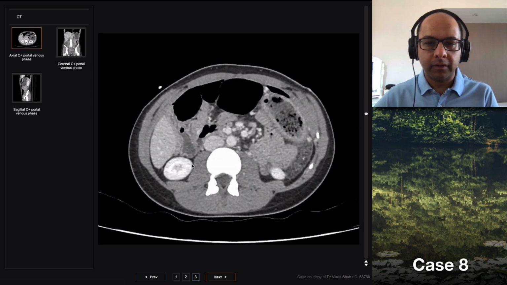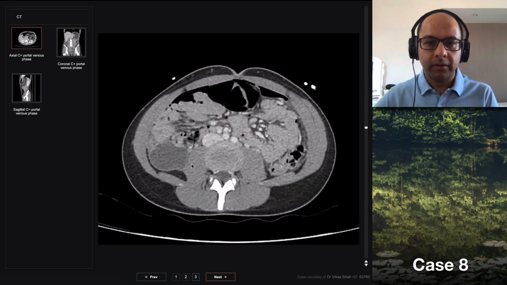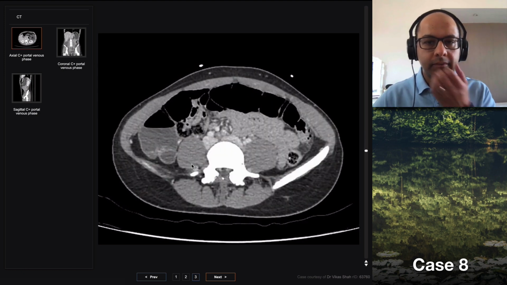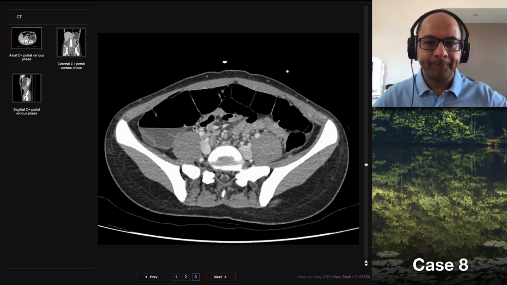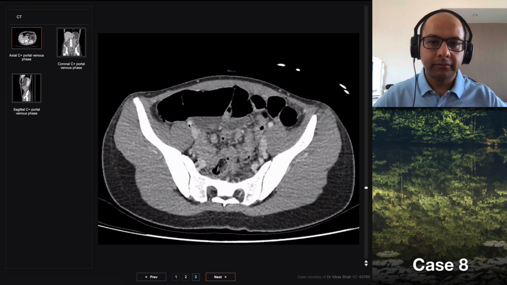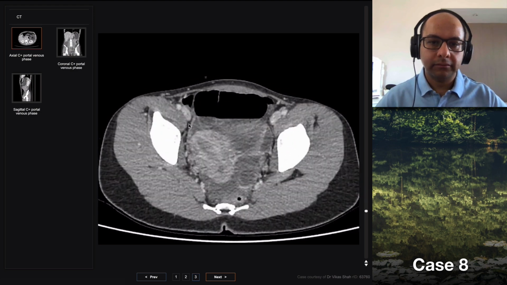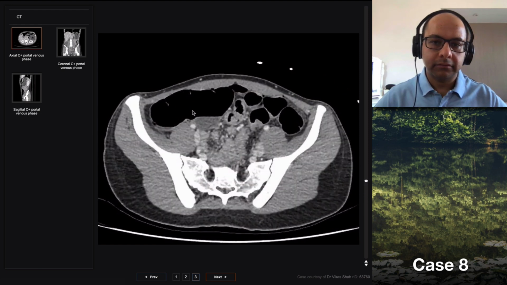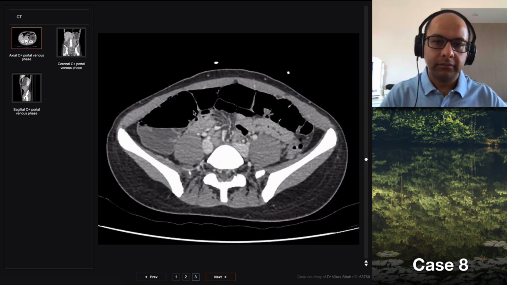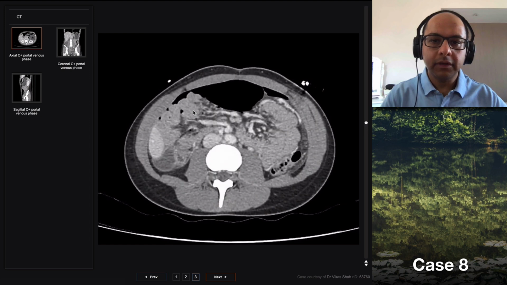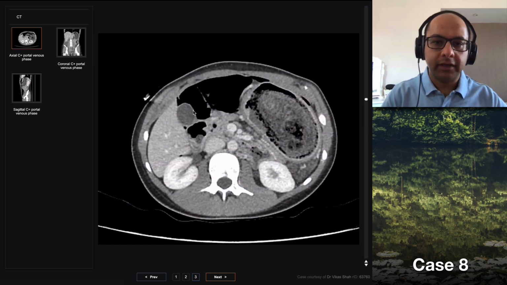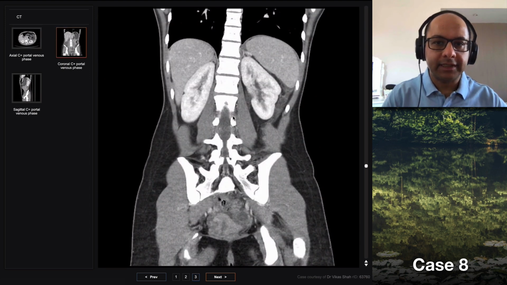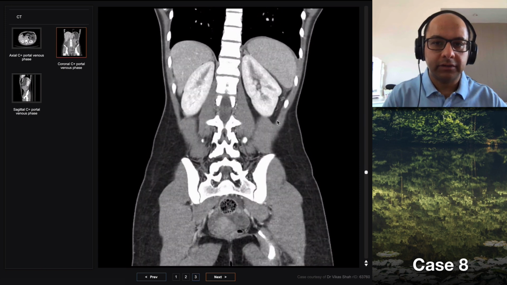The rest of the abdomen looks okay, and with the amount of air collected in the upper abdomen and around the stomach, I would go for a differential of an upper GI perforation. What do you think the specific site of the perforation is?